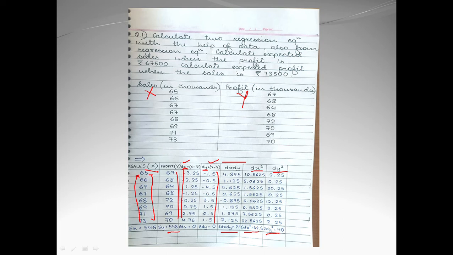Now all we have to do is just read the question once again, and we have been asked for two regression equations. So the two regression equations are the x on y and y on x. So x on y is x minus x bar, as we have seen in the formula.